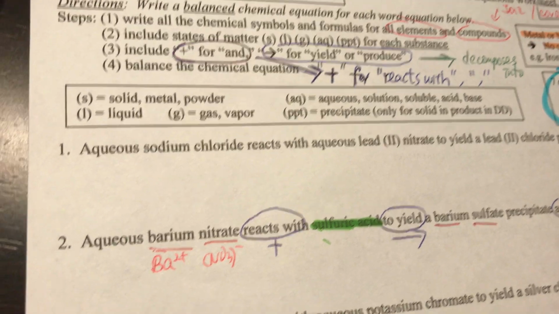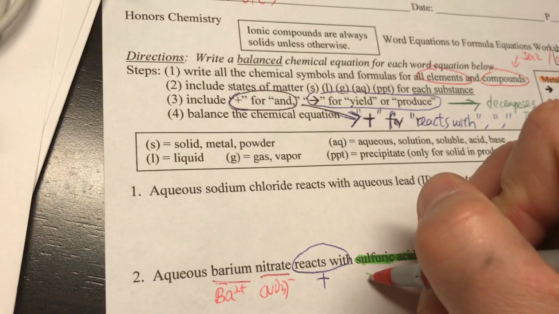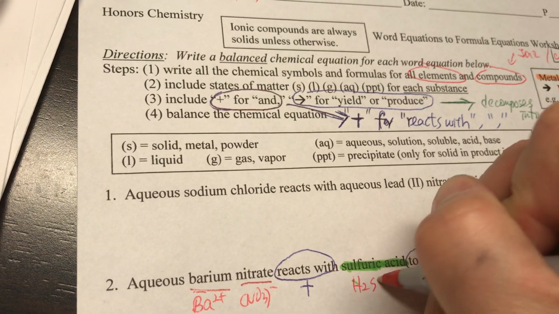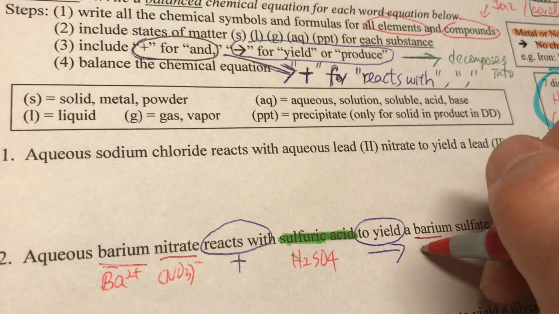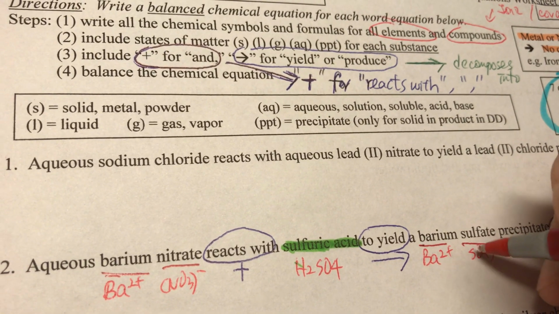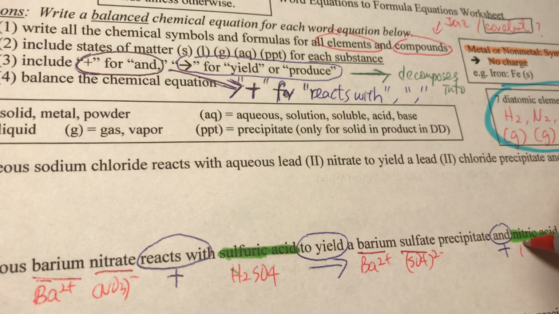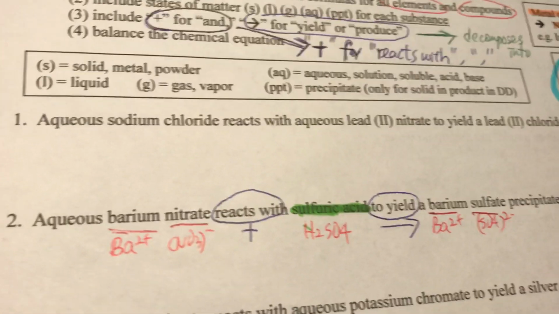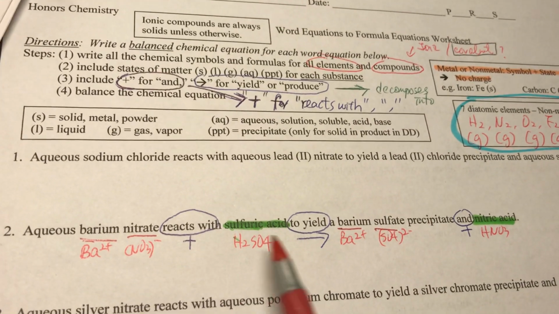Sulfuric acid we can find from the green spot here: H2SO4. Barium sulfate is another ionic compound, so Ba2+ and SO4 2-, sulfate. And nitric acid is also from the green one, so HNO3. So far we have all the compounds, we have all the symbols.